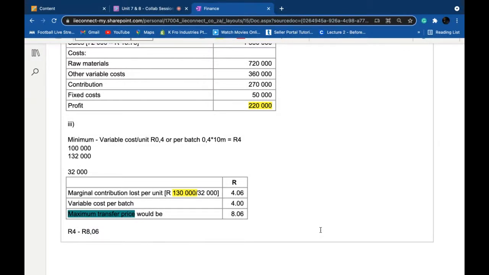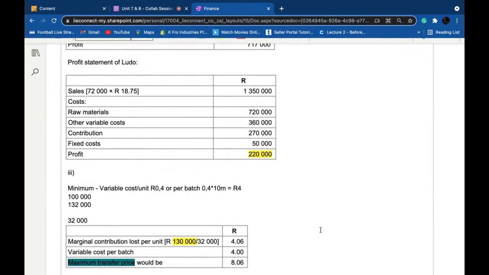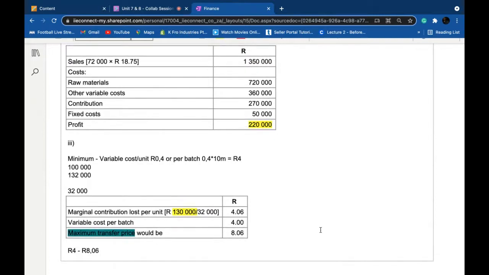they're saying comment. No, am I reading the right question? Comment on the use of market price as a transfer price. Recommend the appropriate transfer price. Maximum transfer price would be 8 Rand.